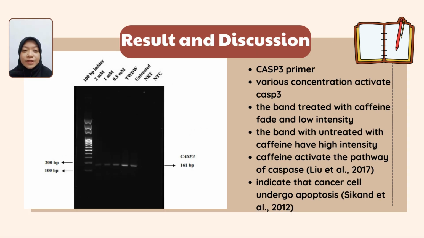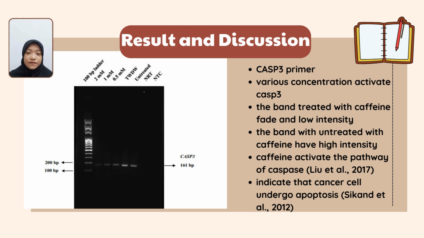Next, we move on to the caspase-3 primer result. From the figures, the DNA band that appeared on the gels at approximately 161 base pair, which is the targeted size for the caspase-3 gene, was obtained. From the result, we can see that the DNA bands treated with various concentrations of caffeine faded and have low intensity compared to the DNA band that was not treated with caffeine.